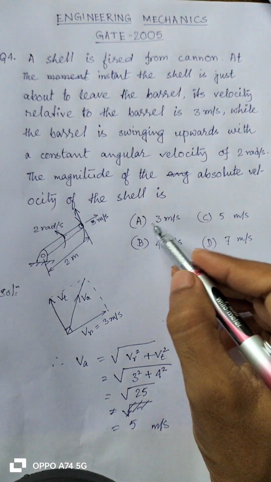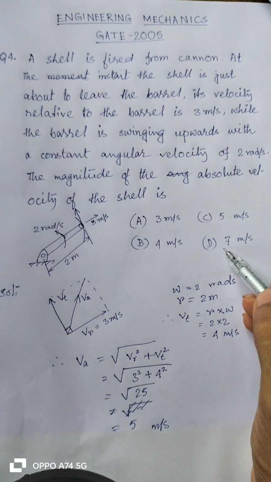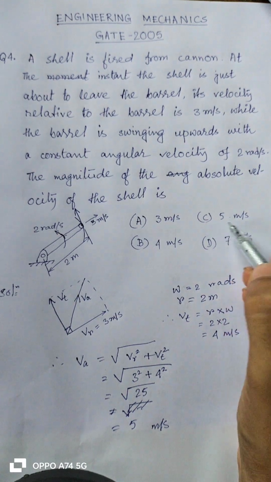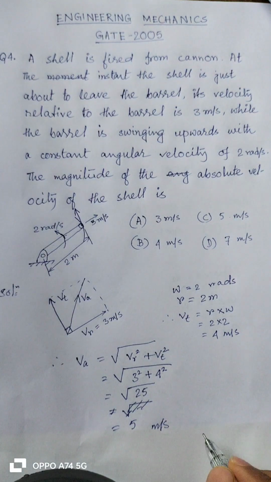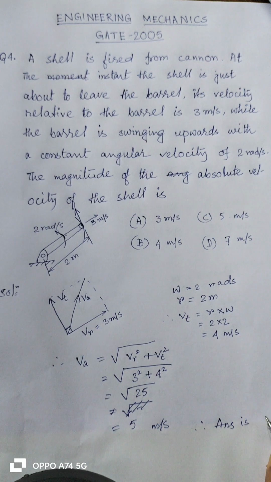So what are the options given? A 3 meter per second, B 4 meter per second, C 5 meter per second, and D 7 meter per second. So clearly C is the answer. Therefore the answer is C, 5 meter per second.